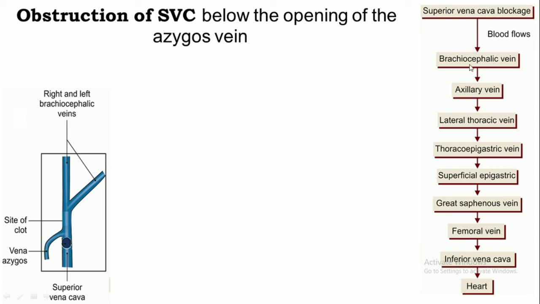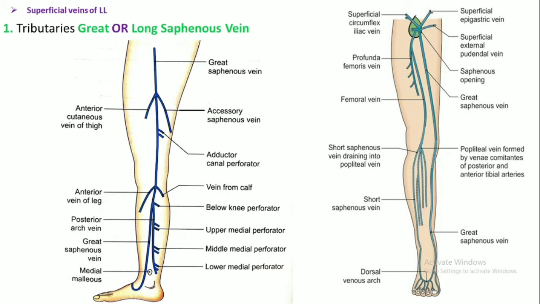With superior vena cava block, blood flows through the brachiocephalic vein, goes above, then the axillary vein, then the lateral thoracic vein, then the thoracoepigastric vein. Through the thoracoepigastric vein, blood goes to the superficial epigastric vein, which we have discussed, and which opens into the great saphenous vein.